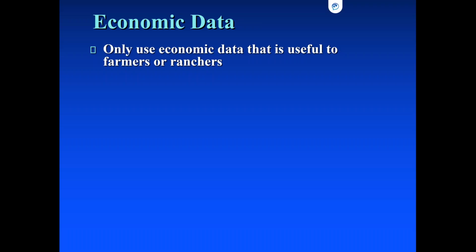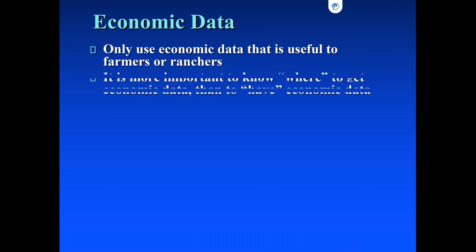Just keep it simple and keep it direct to whatever they're doing. It is more important to know where to get the data than to have the data right then and there. And you can help the farmer, rancher, forest landowner with places where they can get the data.